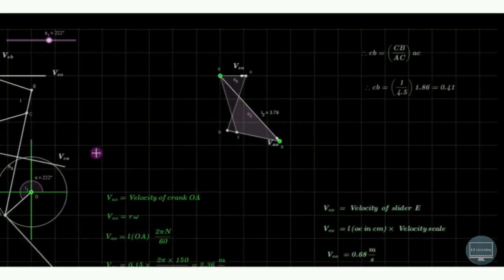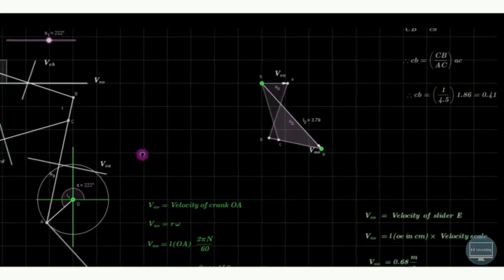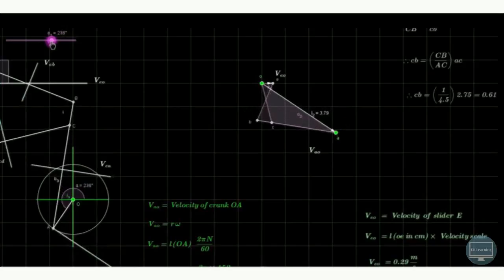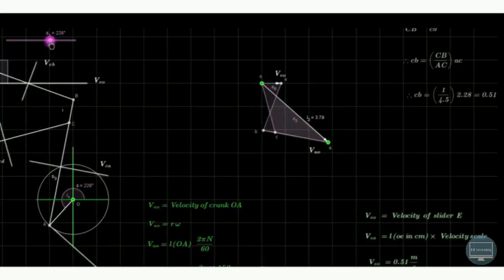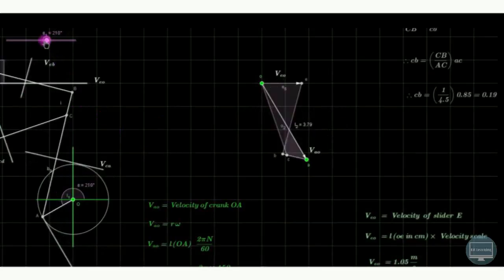For example, if you want to find out the velocity when the crank is at 222 degree, then it is 0.68 meter per second, and the nature of the diagram is like this. If you just change this particular angle, suppose the angle is 228, the velocity is 0.51.